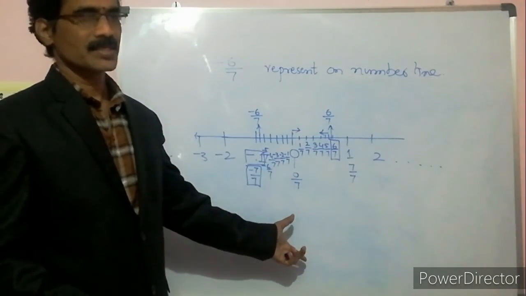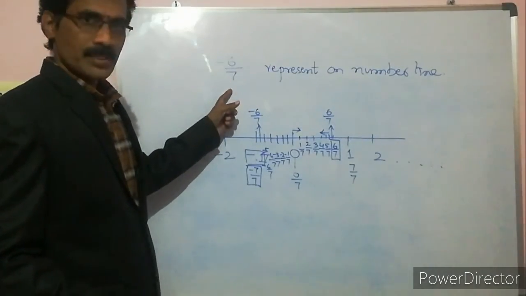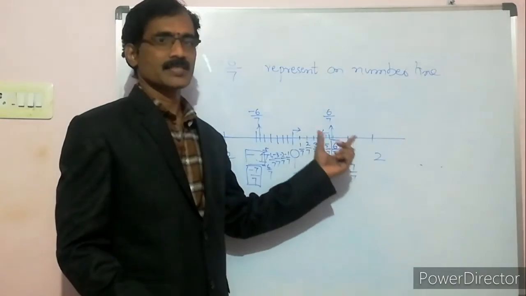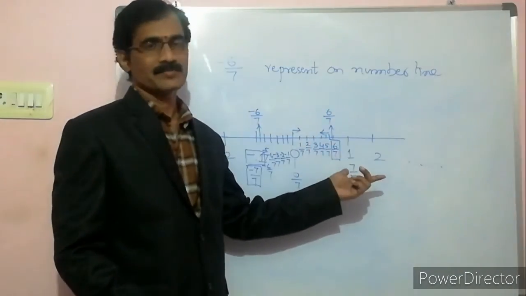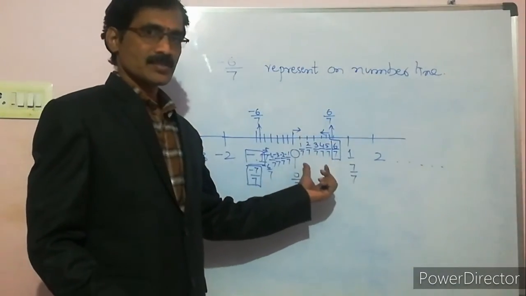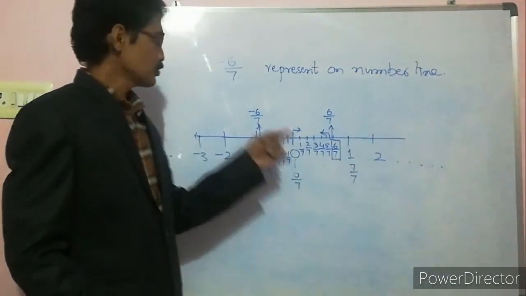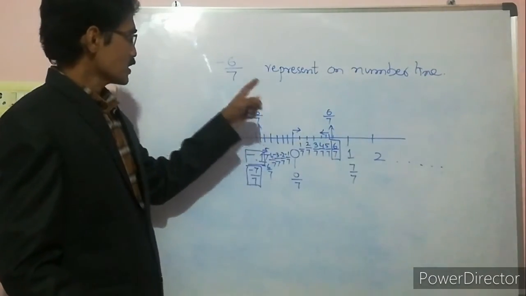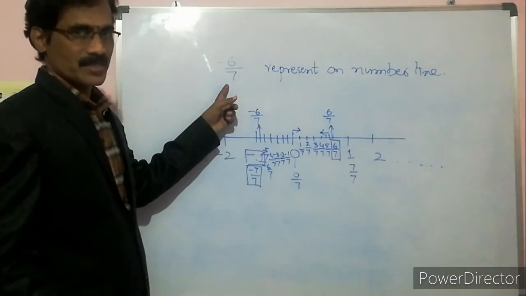So what we are doing here: if it is a proper fraction, it must lie between 0 and 1. And you have to divide 0 to 1 into some equal parts. Those equal parts must be equal to the denominator.